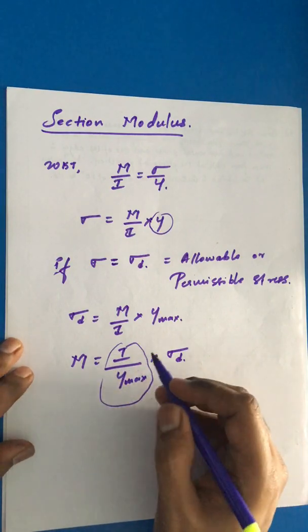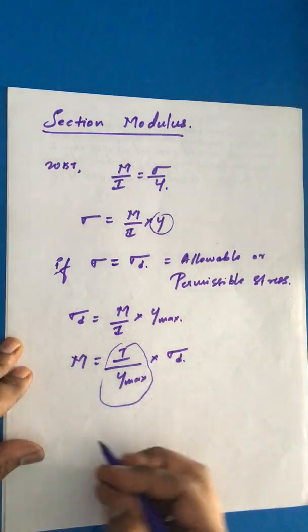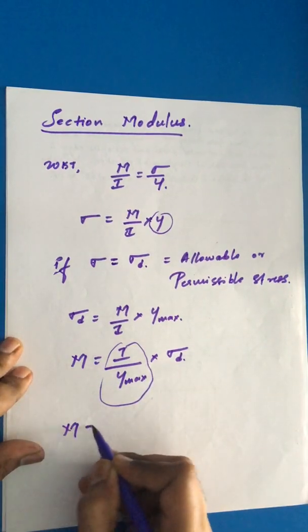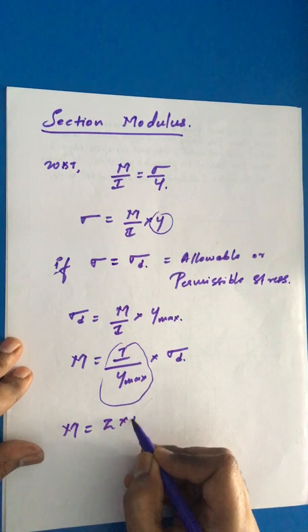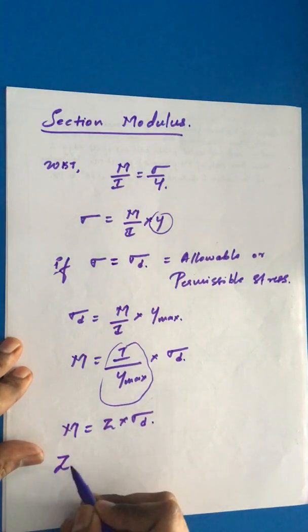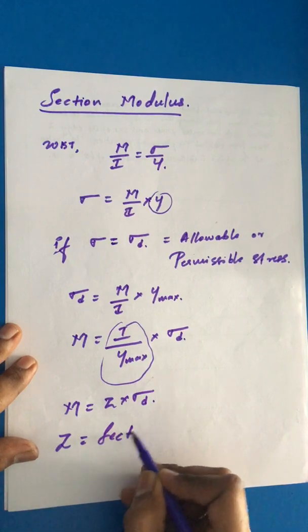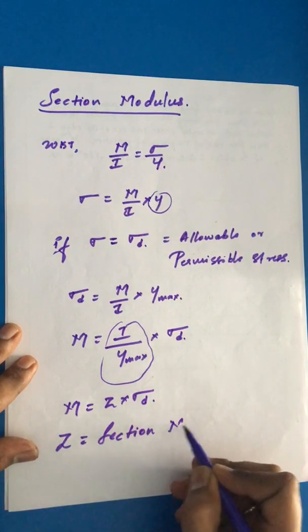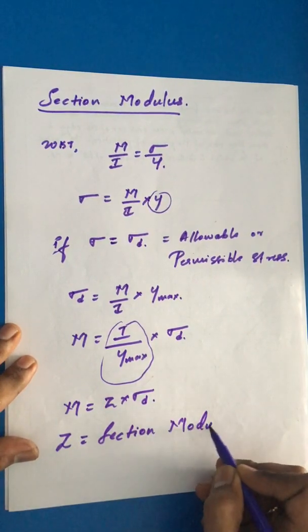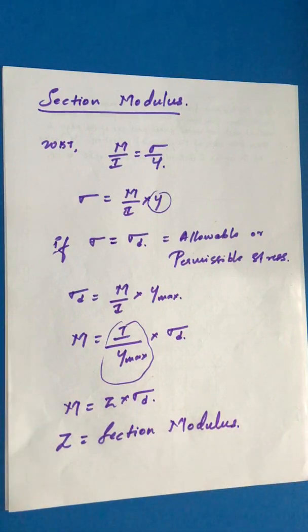This we call section modulus, or I'll write it as M is equal to Z into sigma d, where Z is the section modulus. Okay. So this is the basic concept of the section modulus.